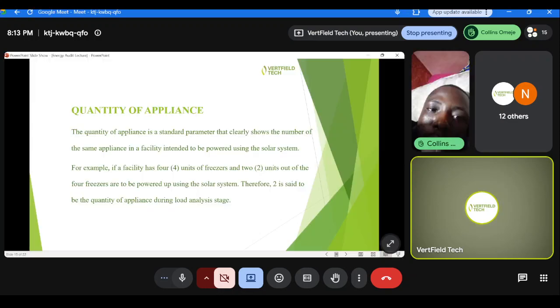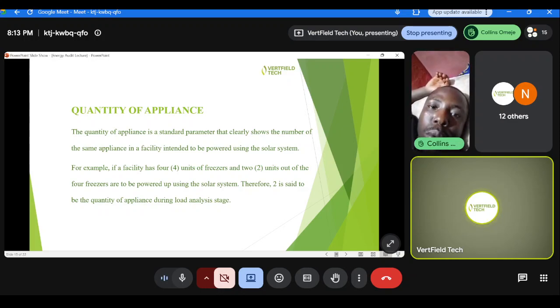Let's take them one after the other to have a proper understanding of what these things are. The quantity of appliance is a standard parameter which helps you to know the actual amount of the same appliance that is to be powered up using the solar system. Take for instance again our client for tonight, Mr. Collins, who has asked us to run a solar system for him. And then we have seen that he lives in a three-bedroom apartment.